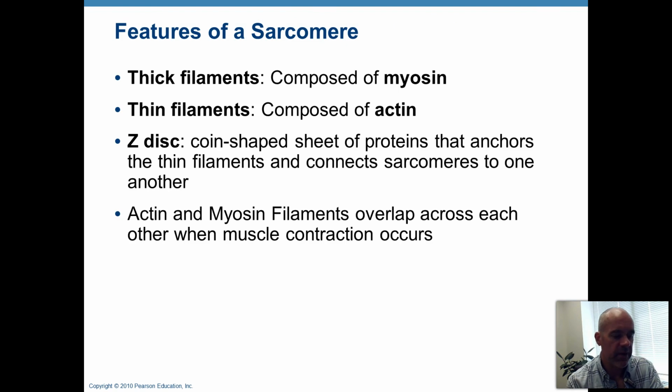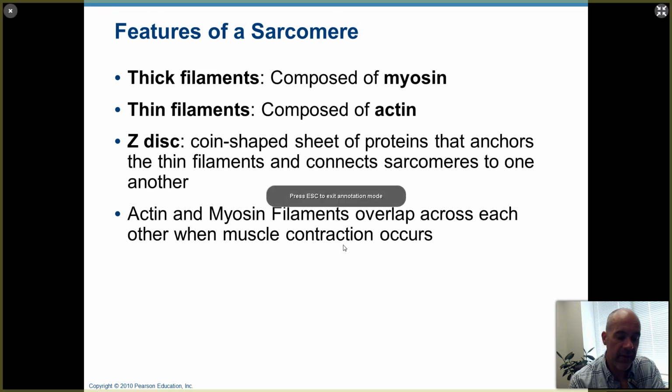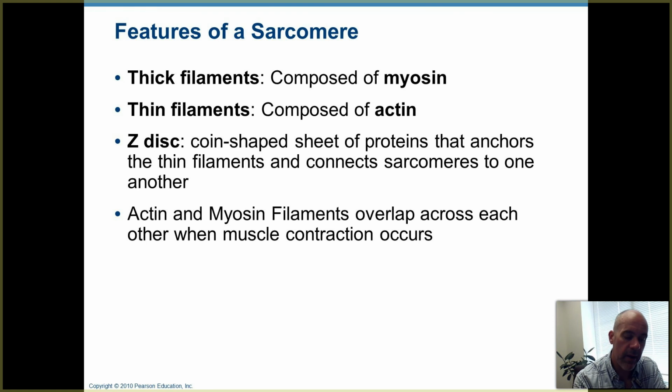All right, as I mentioned on that other diagram, the thick filaments are composed of a protein called myosin that's very important for muscle contraction. And the thin ones are built from a protein called actin, and we'll see more about those shortly.